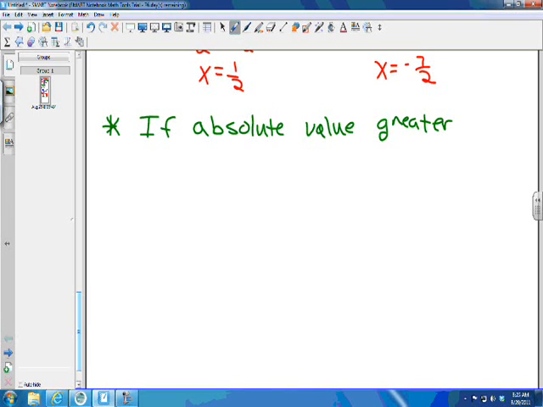If you have absolute value greater than, it is a disjunction. If you have an absolute value and then greater than something, it is a disjunction.